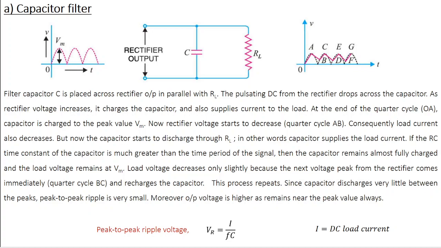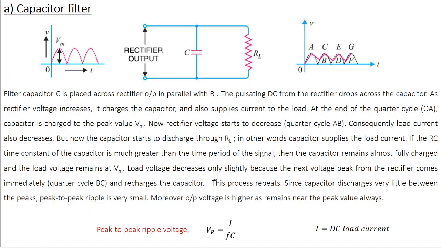If the RC time constant is very small, it discharges very quickly. So what you need to make sure is that the RC time constant of the capacitor is much higher than the time period of the signal. In that case, the capacitor remains almost fully charged and the load voltage remains at Vm.